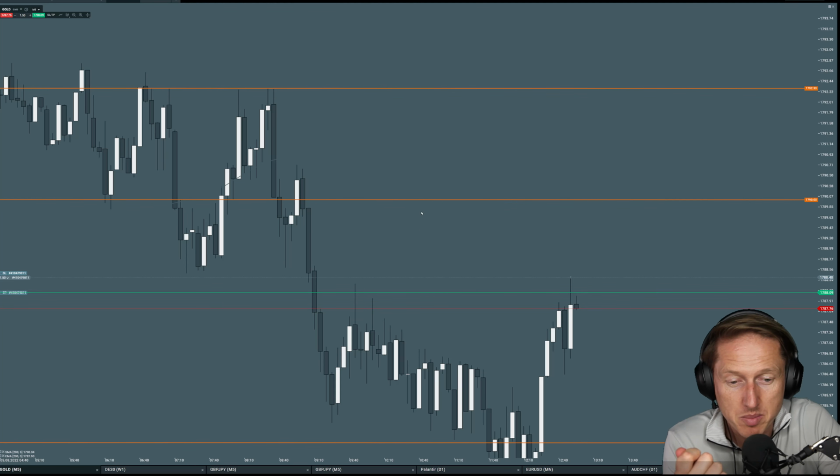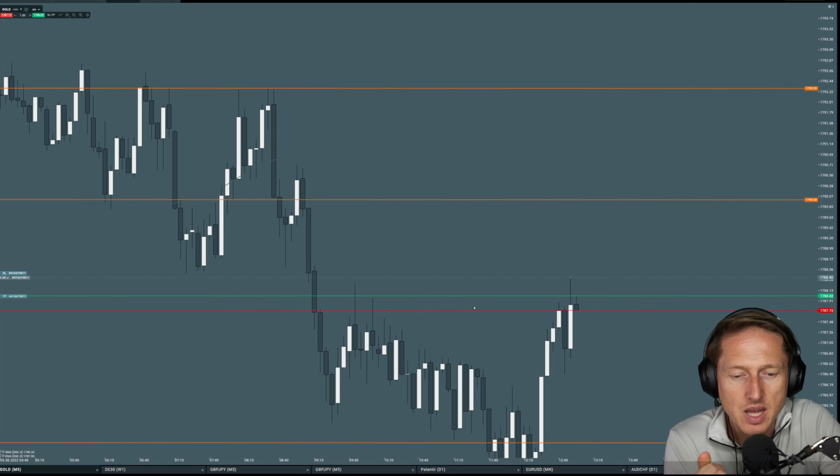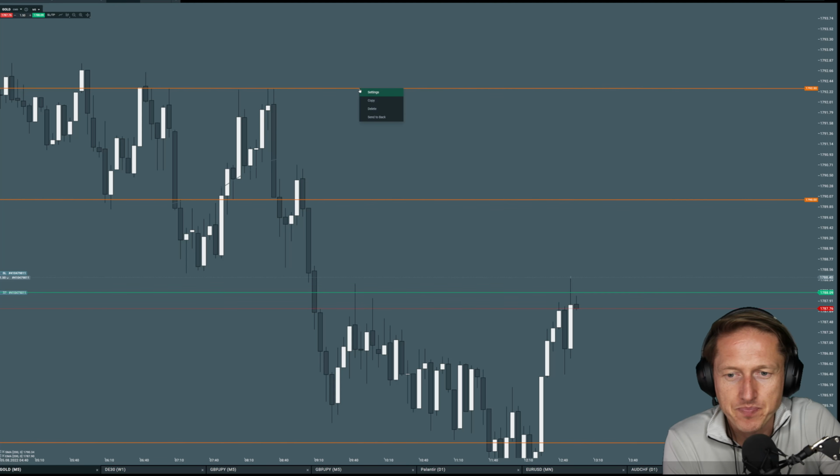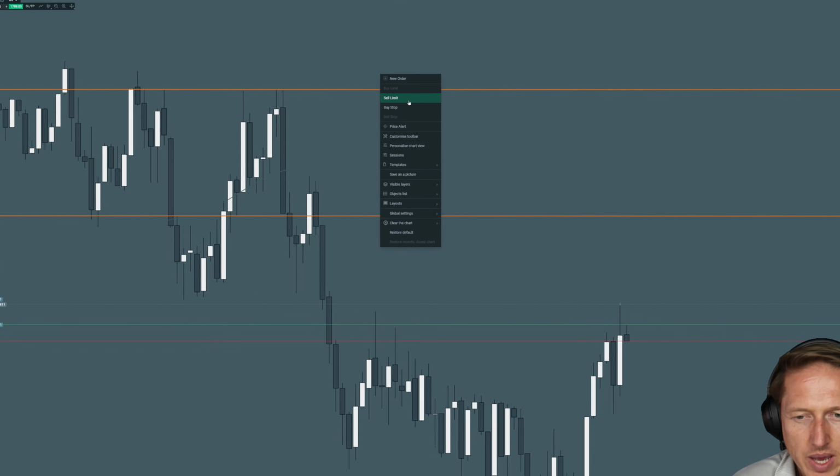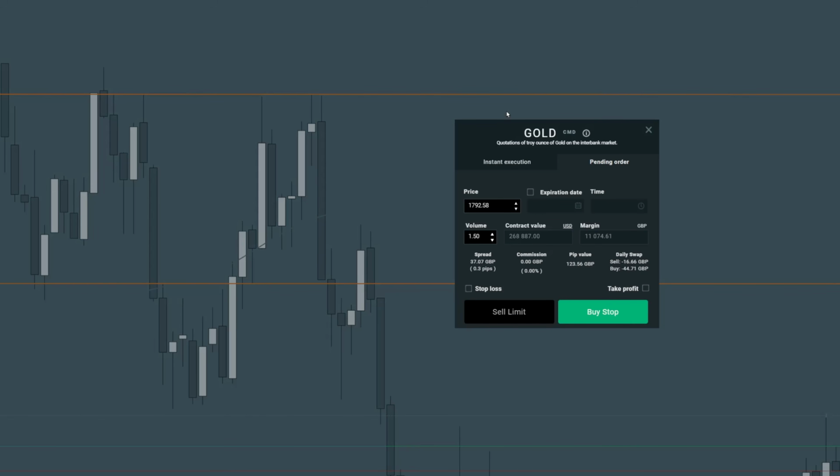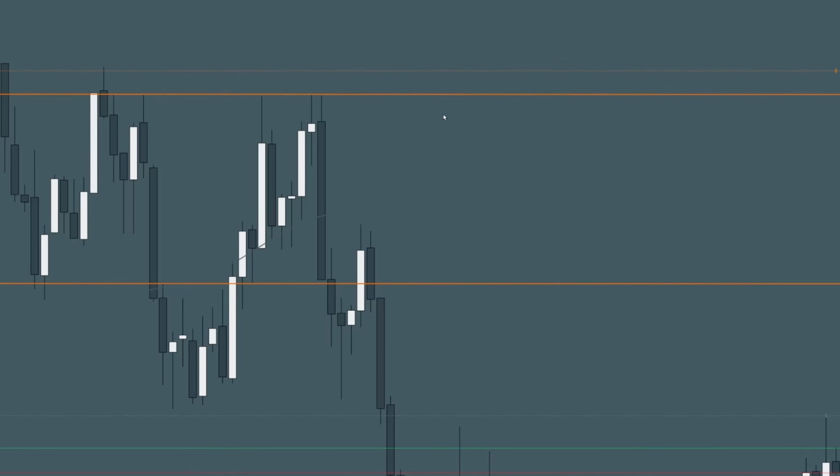But we need to remember that we are not buying at the red line, but at the green line. So if I set my trade, that would be my buy stop, and I will move it exactly to this line.